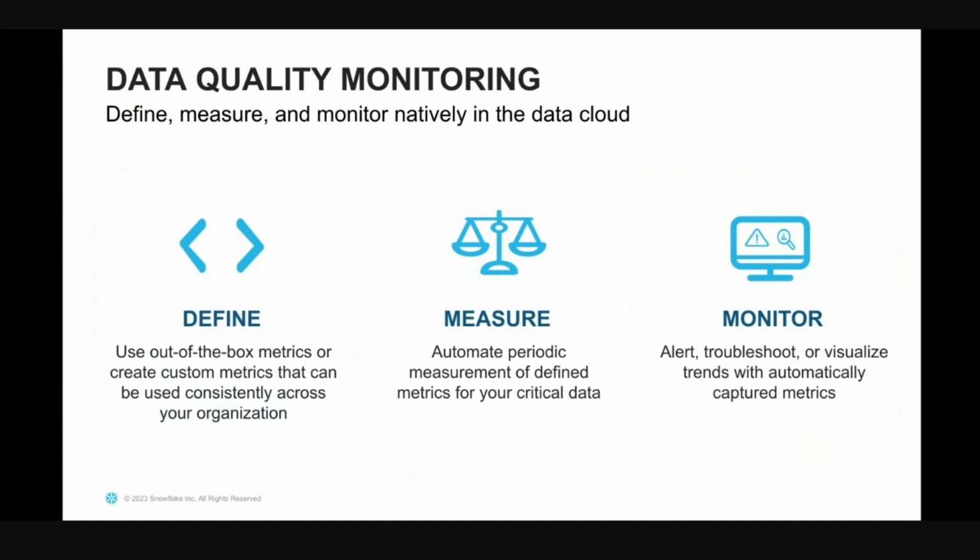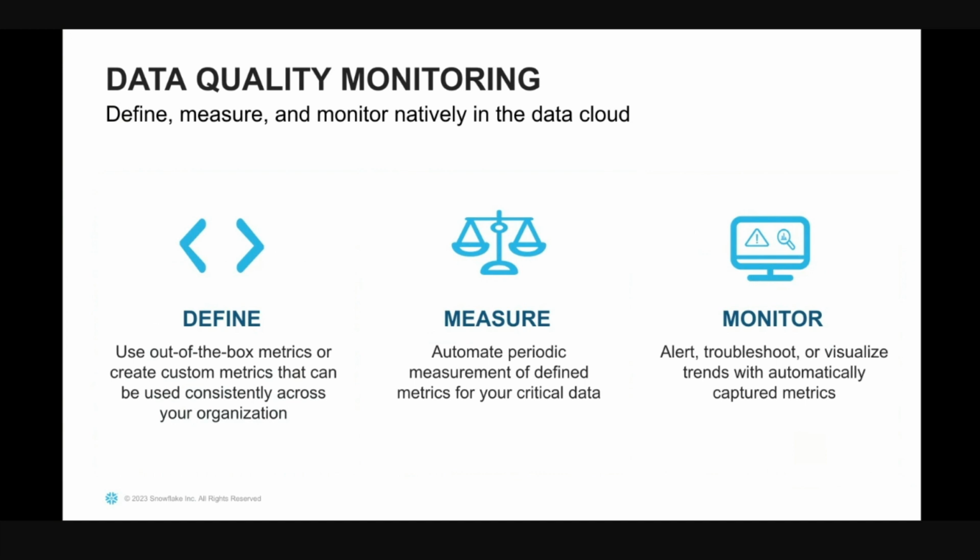So, a very simple slide here, talking about how in Snowflake you will define a data quality metric. There's a bunch of metrics available out of the box for standard things like uniqueness and nulls, etc. So you can use the out of the box metrics.